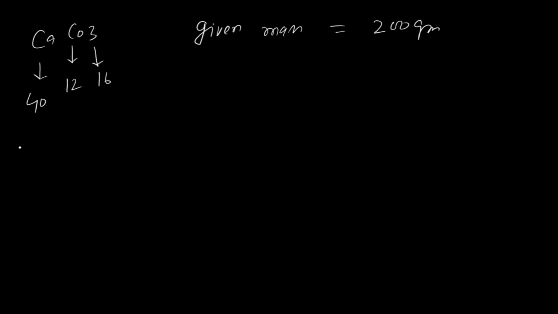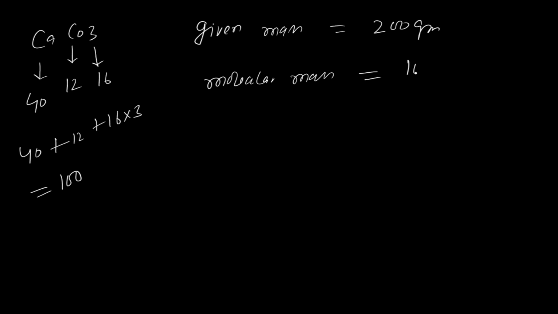So 40 plus 12 plus 16 into 3, when you solve this, it will come 100. So molecular mass of calcium carbonate is 100 gram.